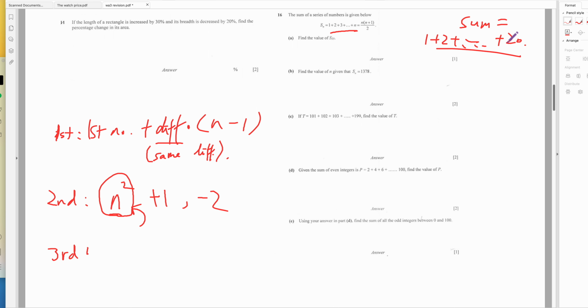So can you try the 1 plus 2 plus 3 plus 4 plus 5? See if this formula works. Yes, it works. Yeah, so this is the formula.